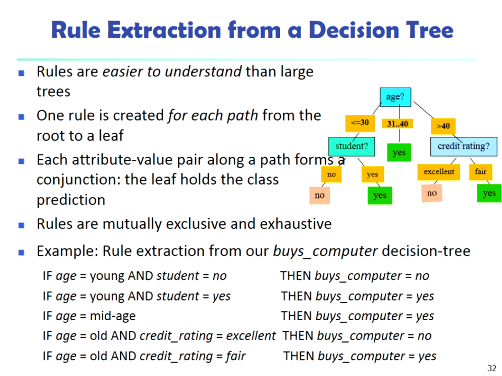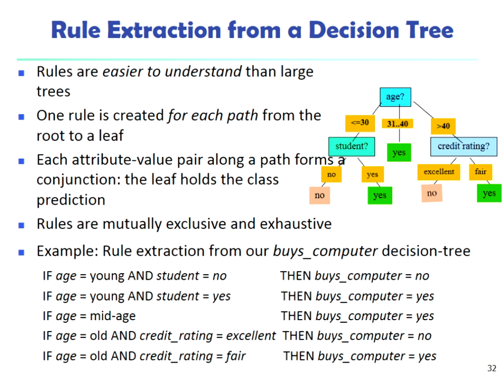One rule is created for each path from the root to a leaf. Each attribute-value pair along a path forms a conjunction, so the leaf holds the class prediction. Rules are mutually exclusive and exhaustive.